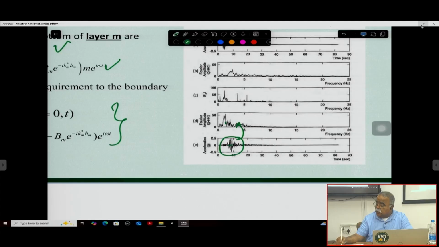So this is your Fourier transform of the data, and then this will be the transfer function of this 4-layer system, whatever is present.